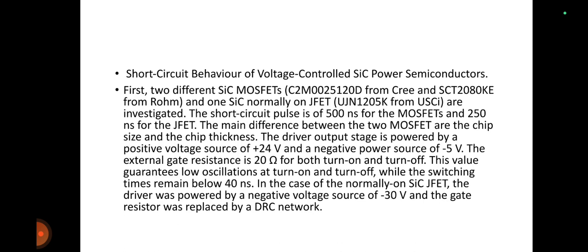This value guarantees low oscillations at turn on and turn off, while the switching times remain below 40 ns. In the case of the normally on SiC JFET, the driver was powered by a negative voltage source of minus 30 volts and the gate resistor was replaced by a DRC network.